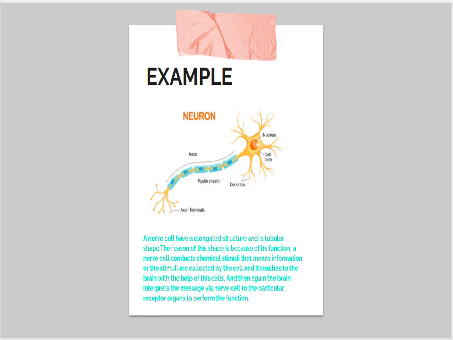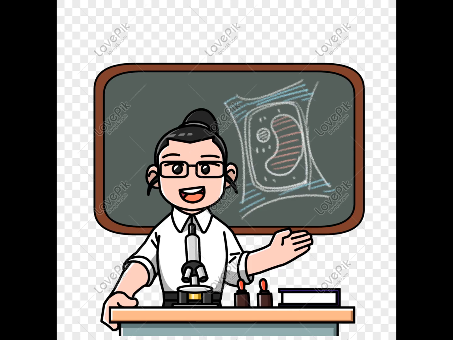So, the elongated type of cell, that is the nerve cell, is able to conduct these stimuli in the form of various ions, and thus they are elongated in nature so that they can carry the signals for many meters. These cells thus are of different shape and size. A neuron performs its functions the same way.